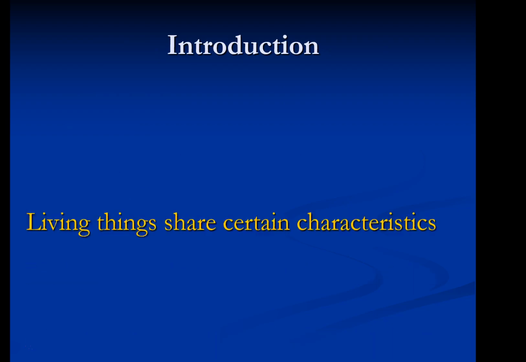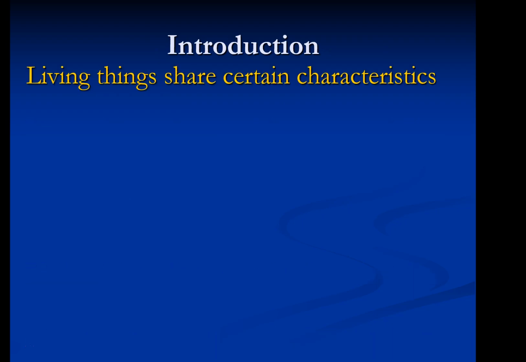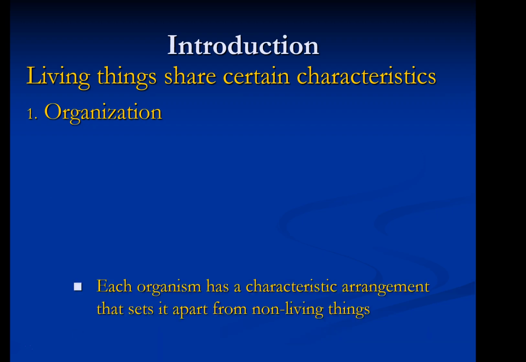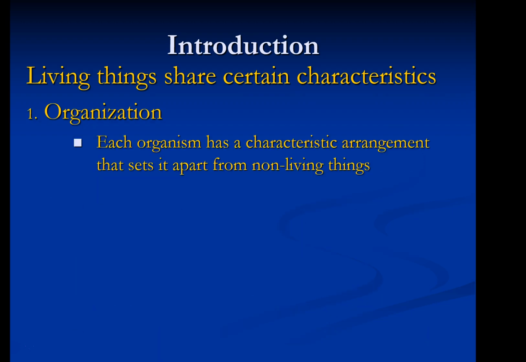Okay, so introduction. Living things share 8 characteristics. All living things share these 8 characteristics. The first one is called organization, and that means each organism has a certain way that it's put together that sets it apart from non-living things. It's going to have certain structures. Okay, we know plants have a cell wall.